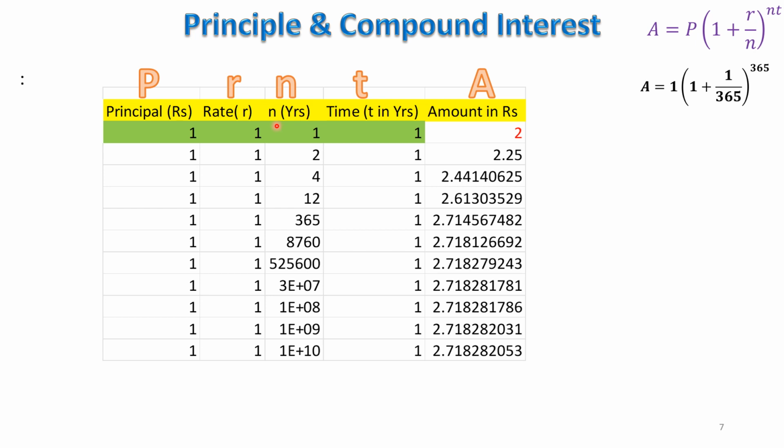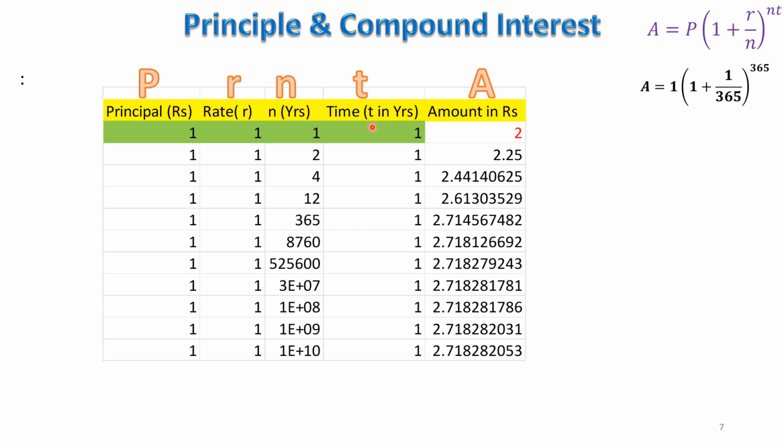The frequency of compounding, once a year, 2 times a year means 6 monthly assessment, 4 times a year means quarterly assessment after each 3 months, then monthly assessment, daily assessment, every hour assessment, every second assessment, so on and so forth. You can increase this number magnificently, and let us see how it causes effect on the amount we are going to get at the end of year.